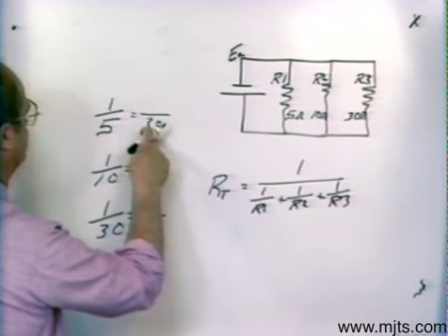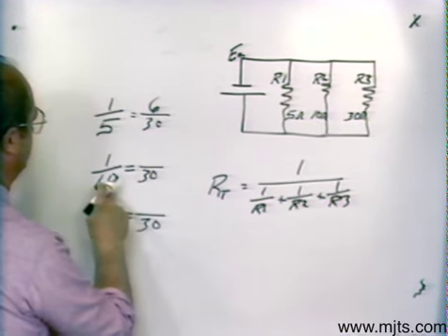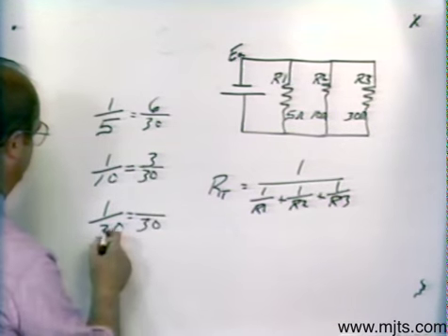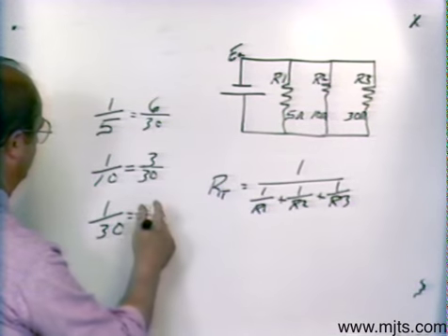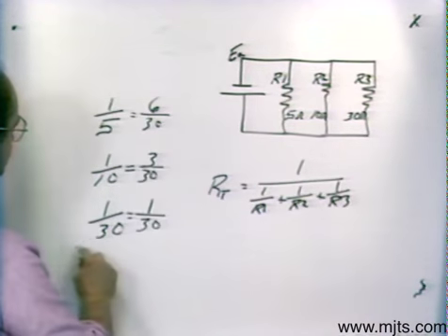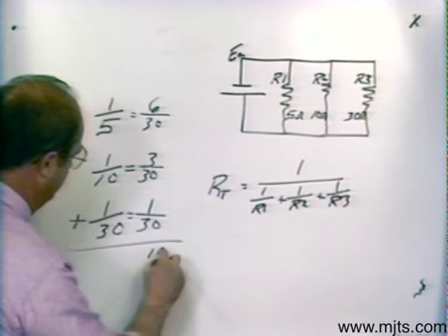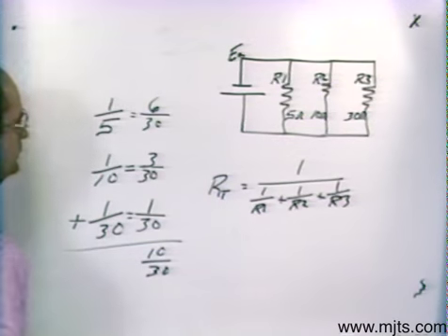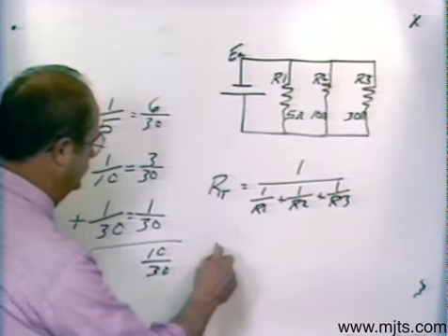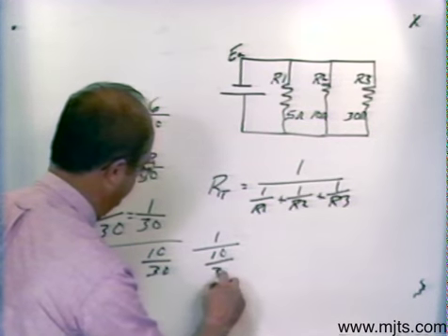5 into 30 goes 6 times 1, so we have 6 over 30. 10 into 30, 3 times 1, so we have 3 over 30. 30 into 30 goes once, times 1 is 1. Now if I add those values all together, I would have 10 over 30. Now what I want to do is make a reciprocal out of that number, which means I'm taking 1 and dividing 10/30ths into that.